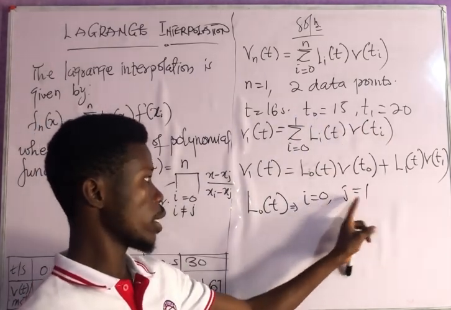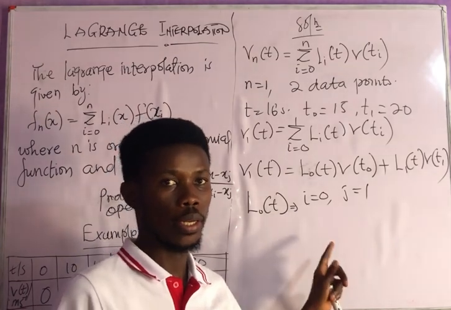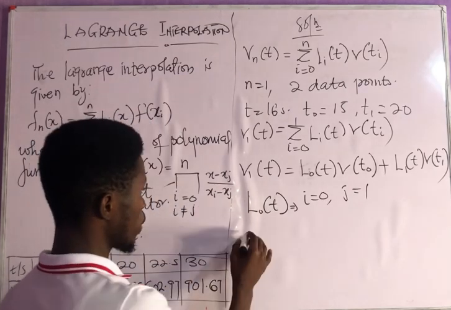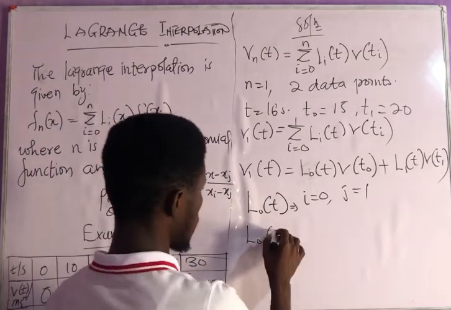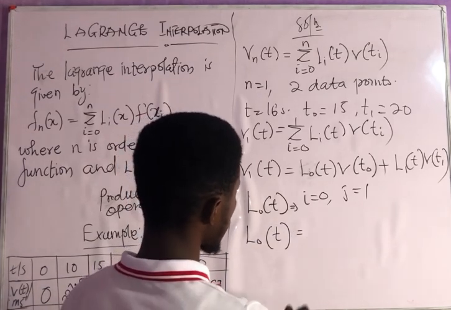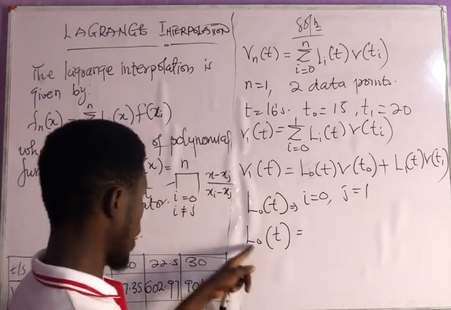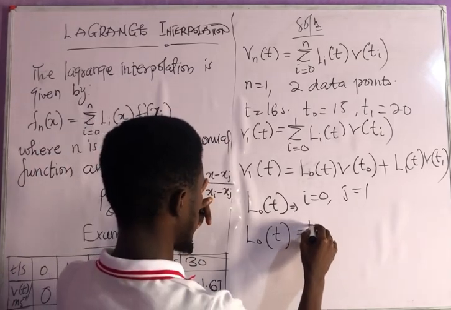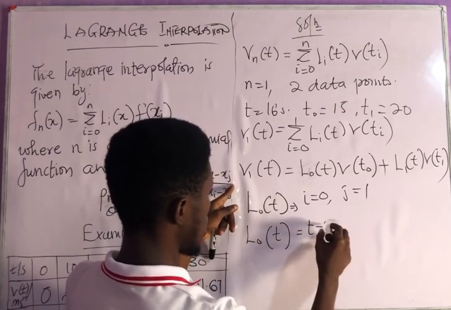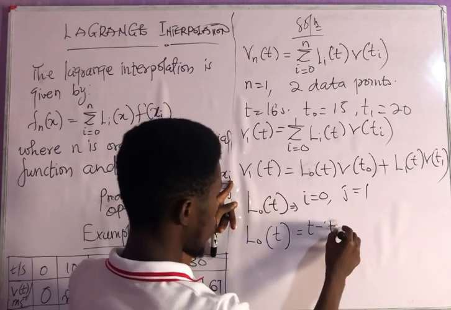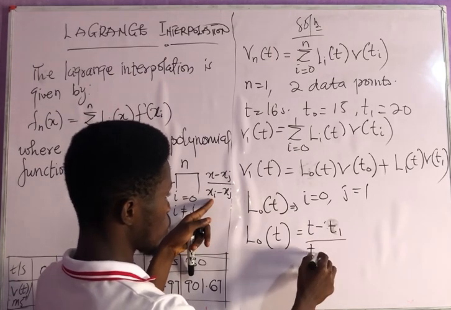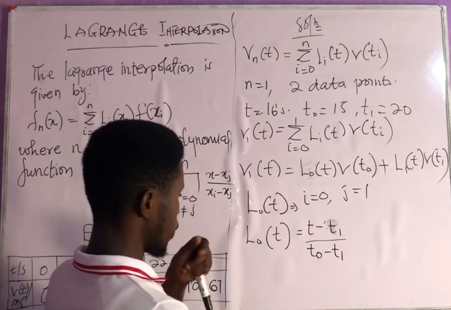So per the formula, our L0 of t will be t minus tj, where j is 1, over ti, where i is 0, minus tj, which is 1.